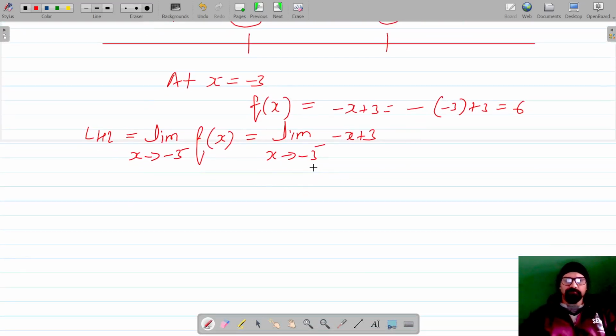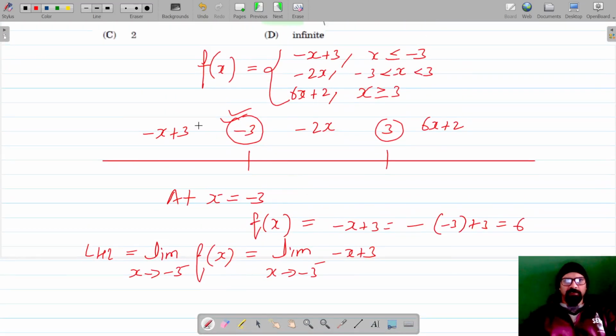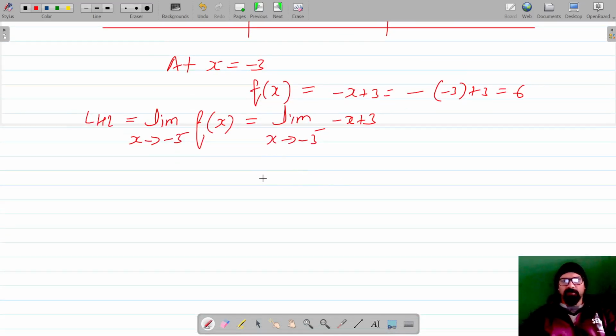Okay. So the left hand limit means this is the function, and let's assume here that x is equal to negative 3 minus a small value h, and when x tends to negative 3, h tends to 0.